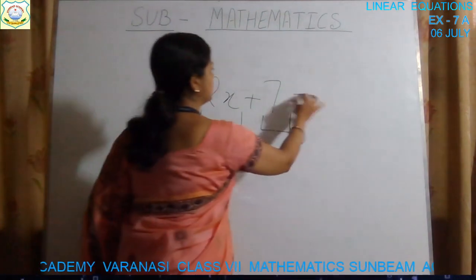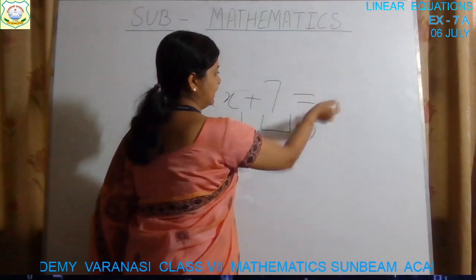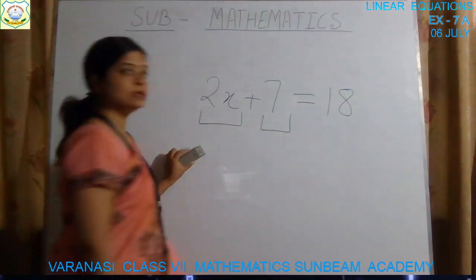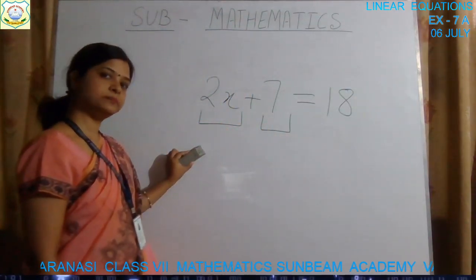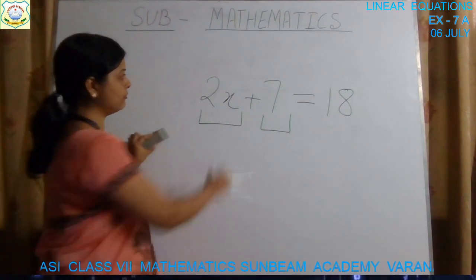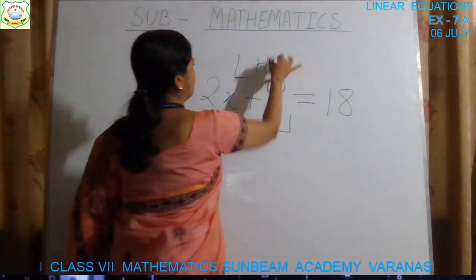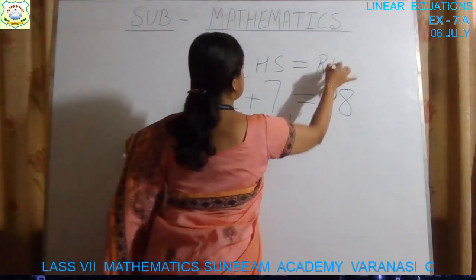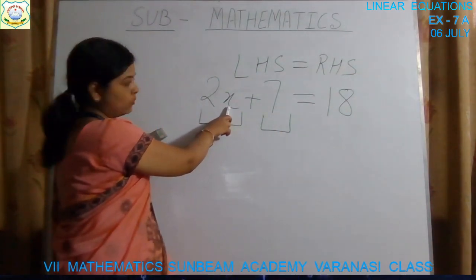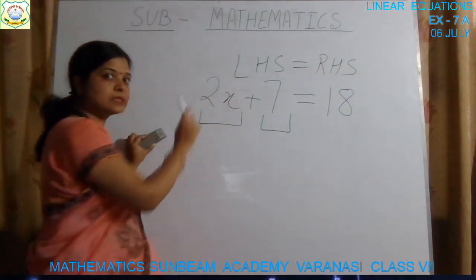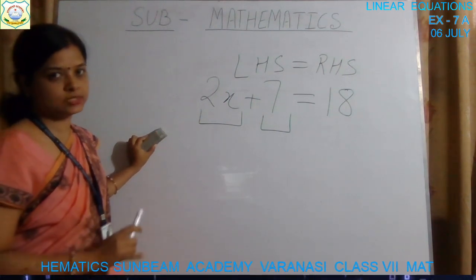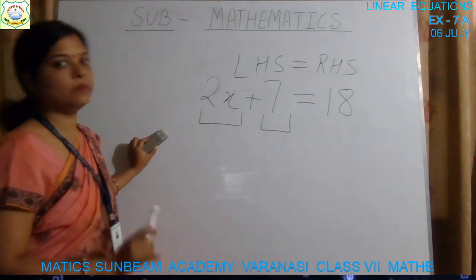If you put an equal to sign and relate it with some other value, for example 18, then this is called an equation. Is it clear? Now it is clear that if LHS is equal to RHS, and we are using only one variable whose power is 1, then such questions will be included in linear equations in one variable.